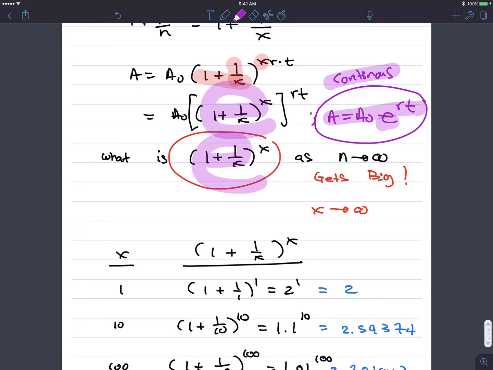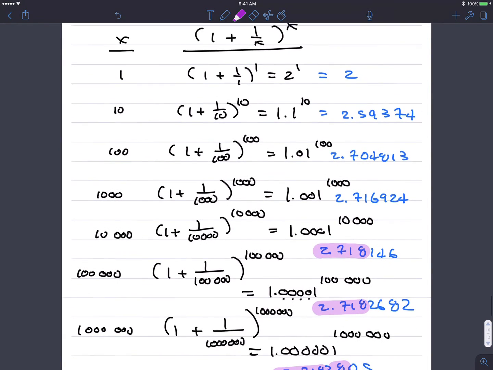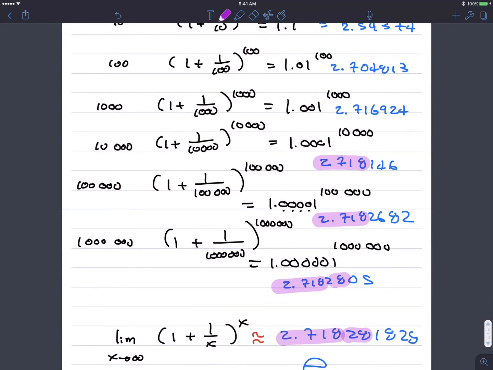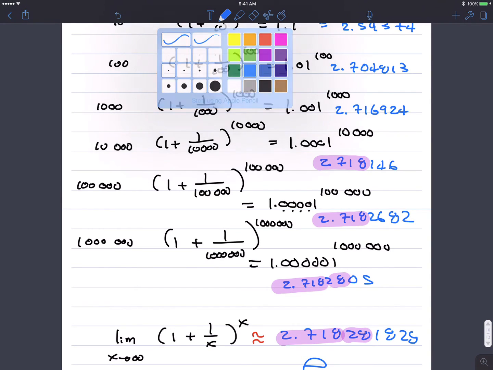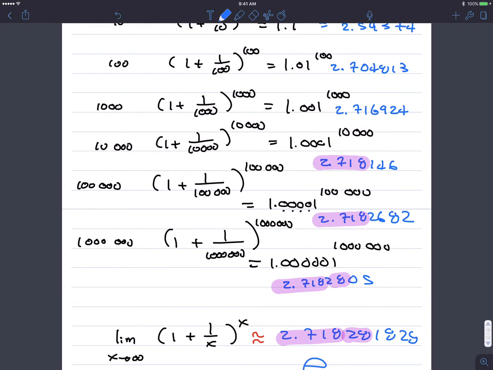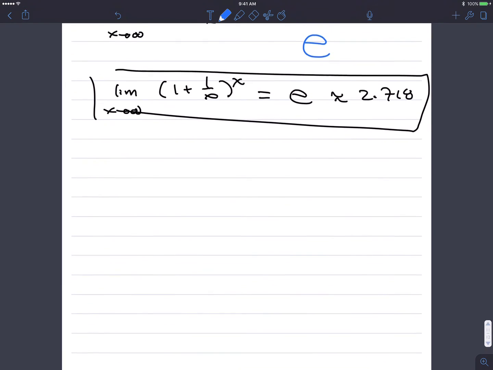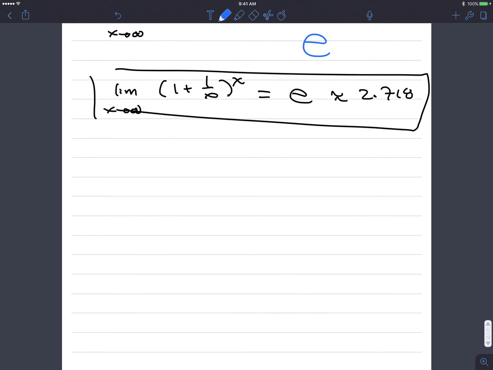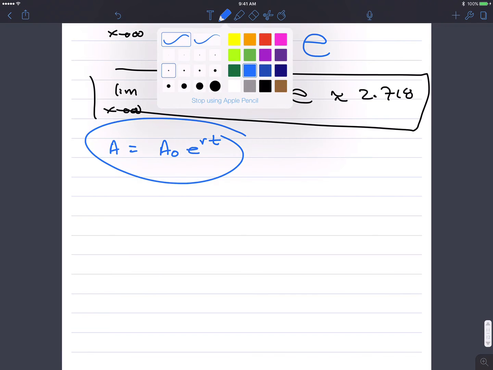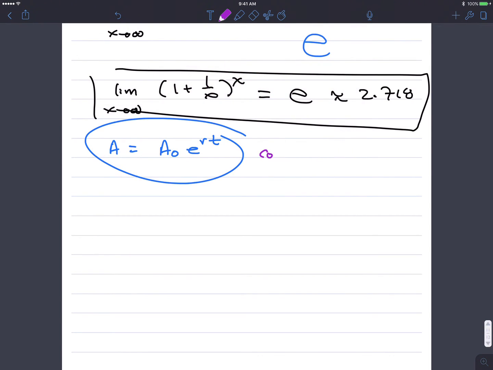Okay, let's go with what we've been talking about. Now that we know about continuous growth, this is our continuous growth model that I just derived for us.